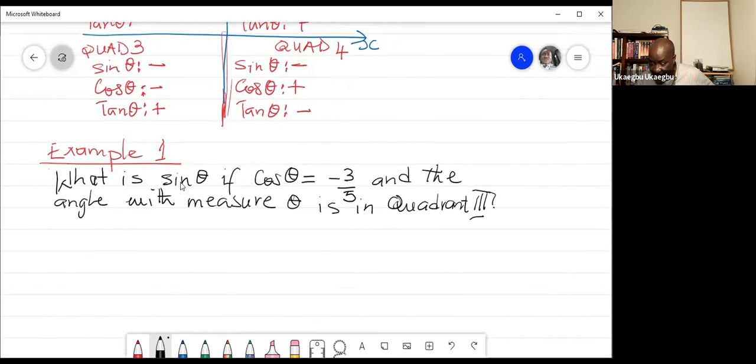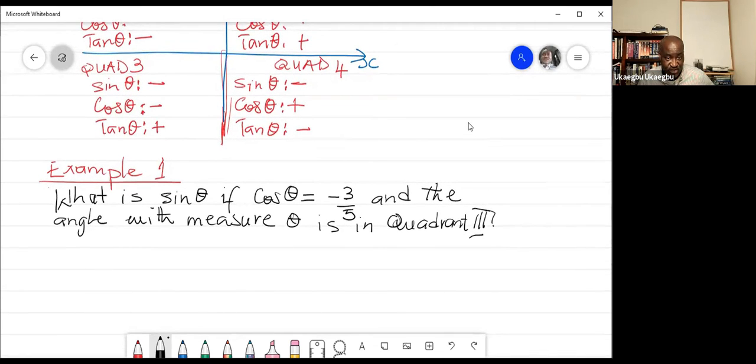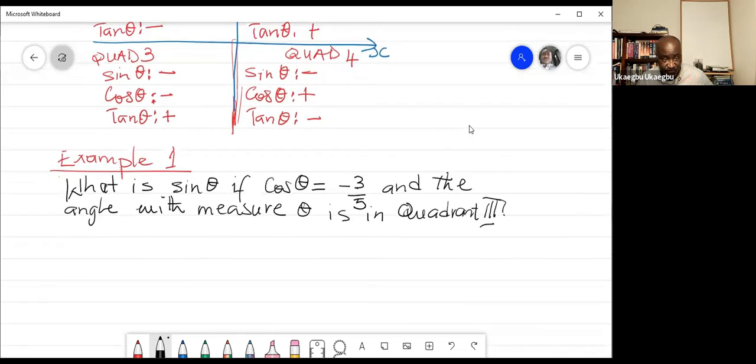What is sine theta if cos theta is -3/5 and the angle with the measure theta is in the third quadrant? Okay, so Abu, I brought this question because you picked third quadrant. So let's try to solve it now.